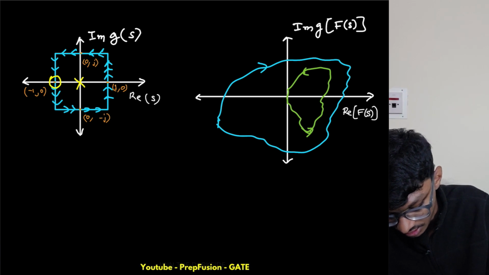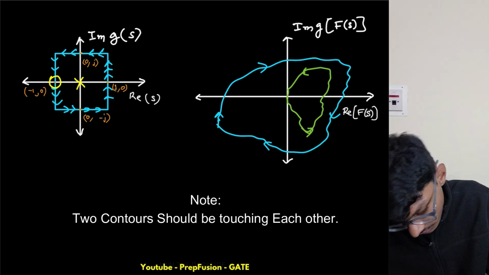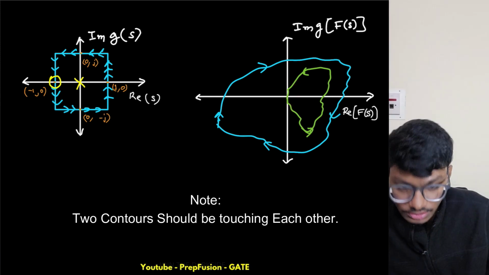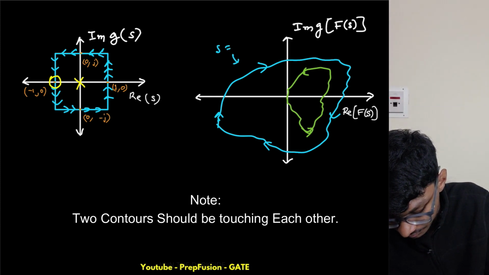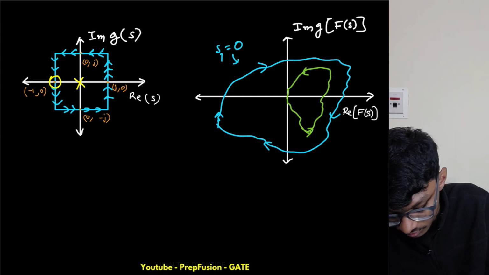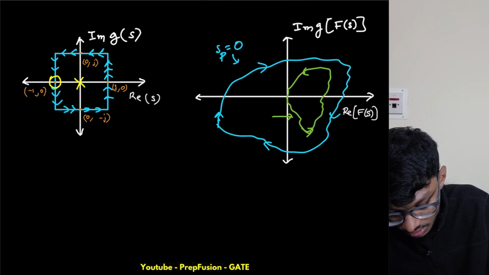The direction of this mapped contour will be clockwise, and it will cover the origin. Now this is due to s equals 0, basically the origin pole. Sorry, this one is due to the pole, and the other is due to the 0.